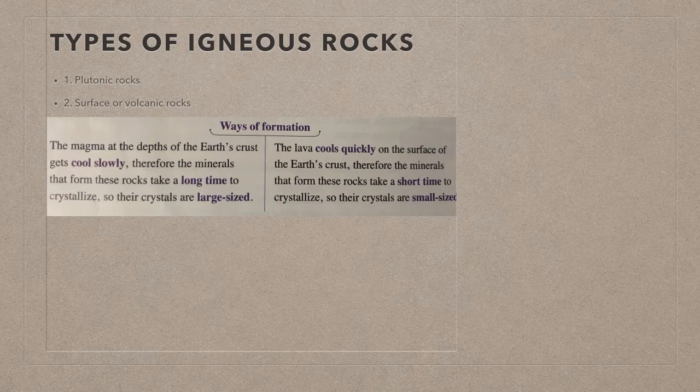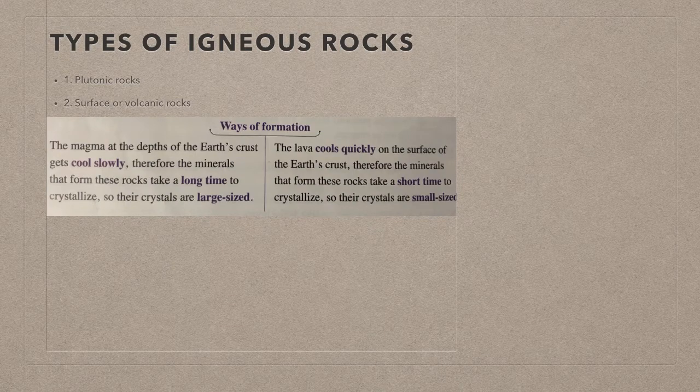The plutonic rocks have a coarse texture, but the surface or volcanic rocks have a smooth texture. That's because the size of the crystals of minerals forming the plutonic rocks is large, so it has a coarse texture.